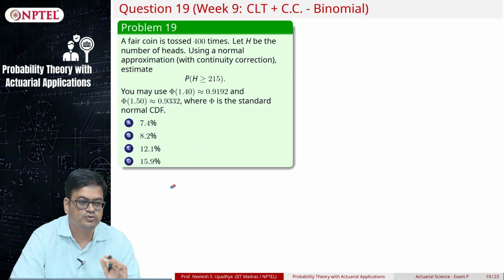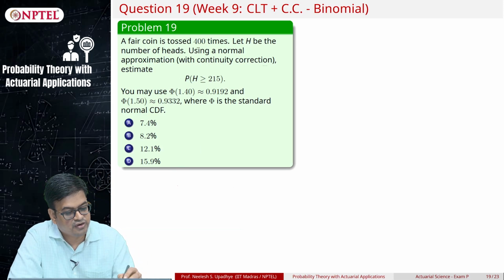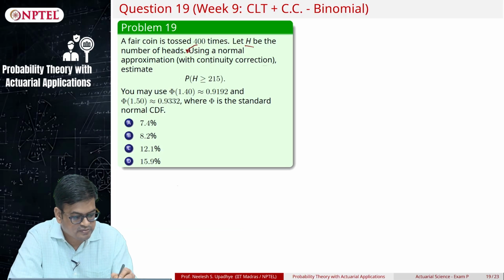Let us now move to question 19. Question 19 says a fair coin is tossed 400 times, H is the number of heads in these 400 trials. What we need to compute is the probability of H greater than or equal to 215. It is mentioned that you have to use normal approximation with continuity correction to estimate this probability.